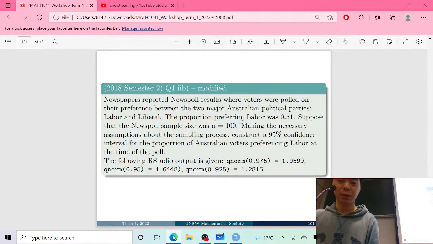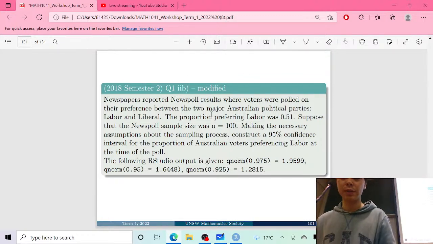All right. We're going to have a look at another example as well. So here we have a newspaper. A newspaper reported news poll results where voters were polled on their preference between the two major Australian political parties, the Labor and the Liberal. The proportion preferring Labor was 0.51.